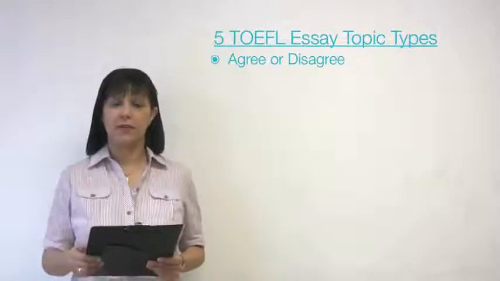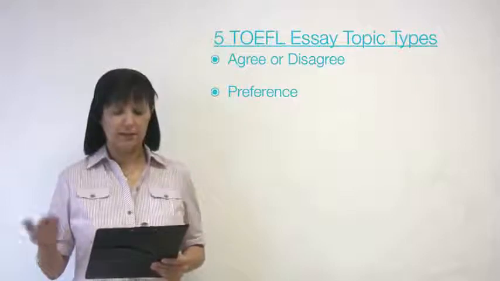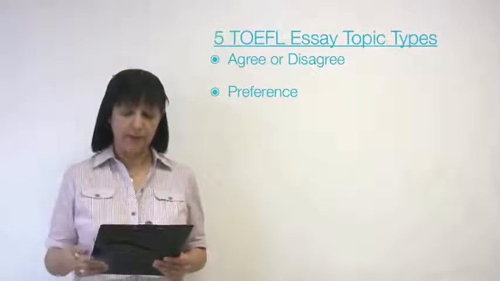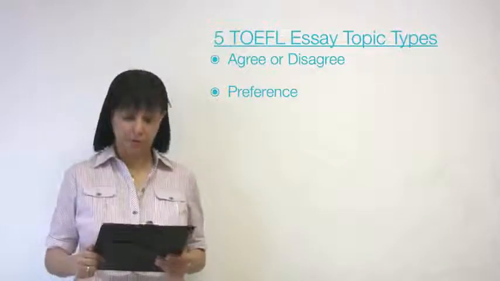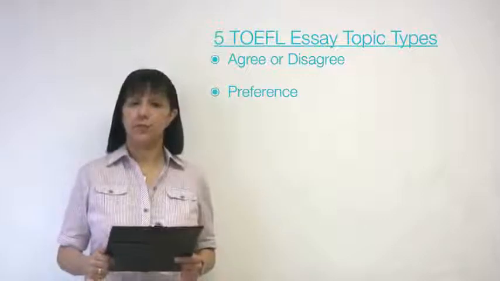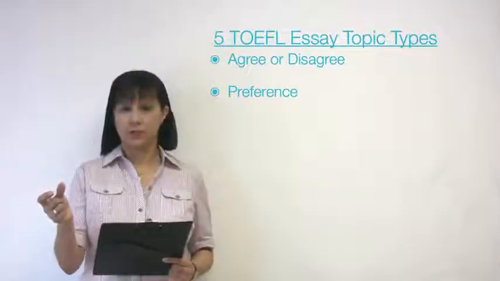The second type of essay topic is a preference. So I'll give you an example of that. Some people prefer to study alone. Others prefer to study with a group. Which do you prefer? Give reasons and details to explain your answer. Okay? So in this case, you have 2 different situations.